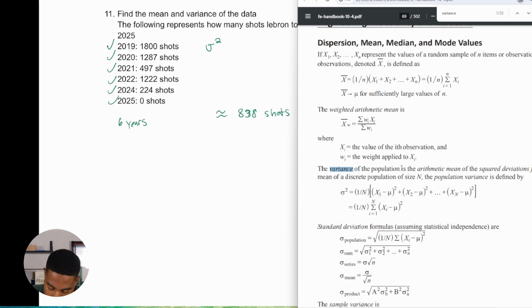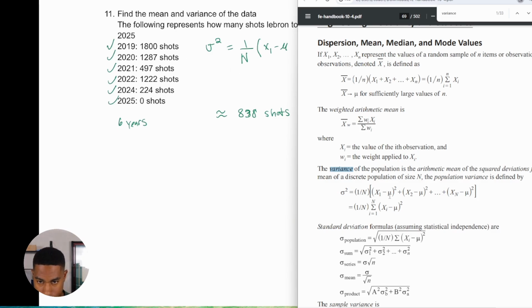So the sigma squared, which is our variance, is equal to 1 over n times x1 minus. Okay, so what's x1? That's the value of the observation. So x1 in our case for 2019 would be 1,800 shots.